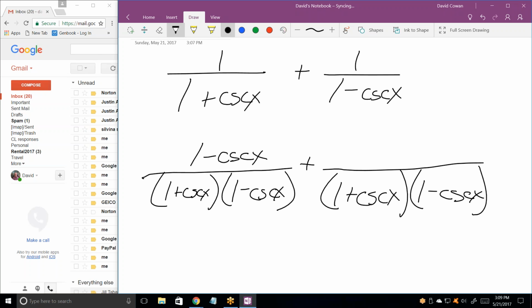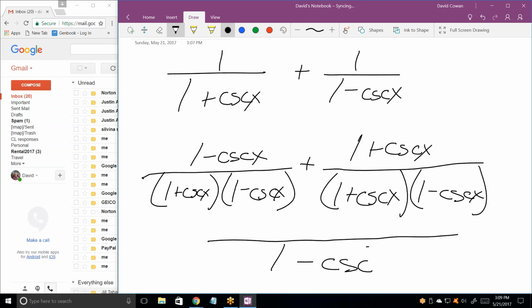What goes in the upper right? 1 plus cosecant x. Now, we can operate on the numerator. And let's go ahead and multiply the denominators together, because this might turn into a nice trig identity. What do the numerators do? It just becomes 2, doesn't it?